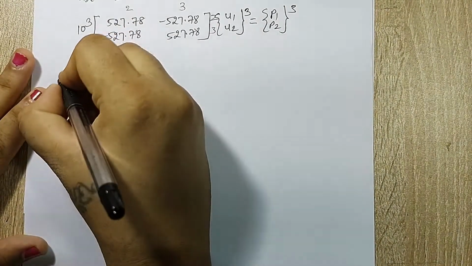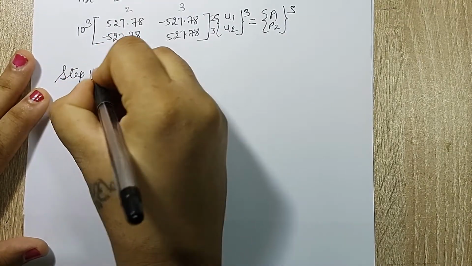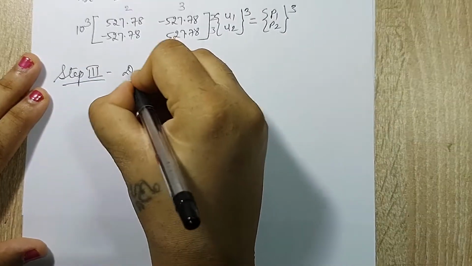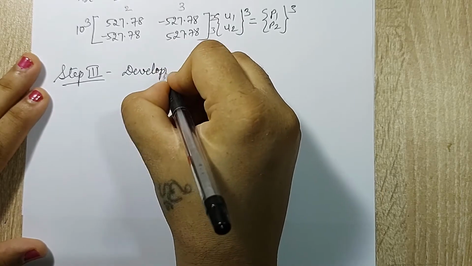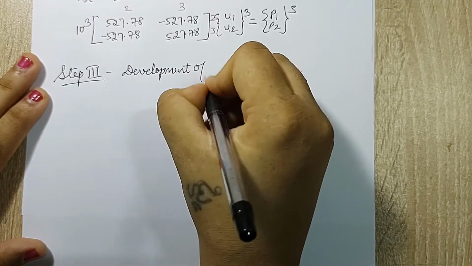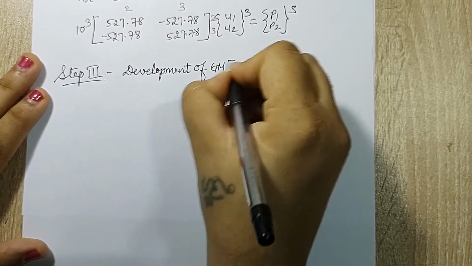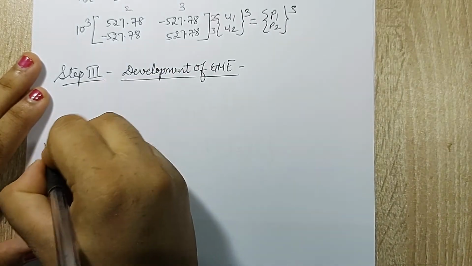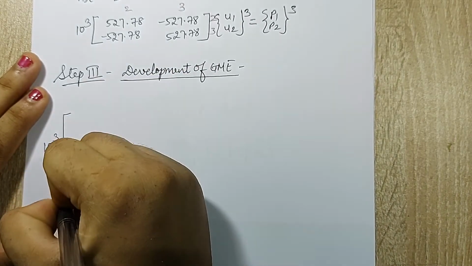Next, I'll go for step 3, which is development of GME. 10 raised to 3 comma.